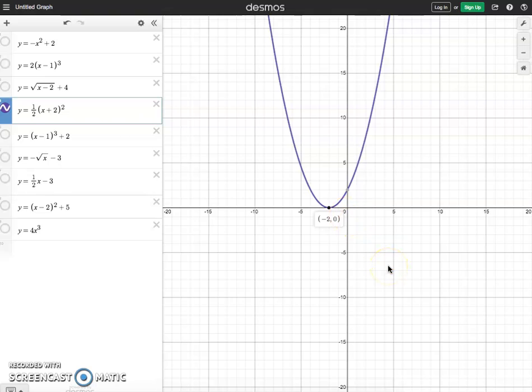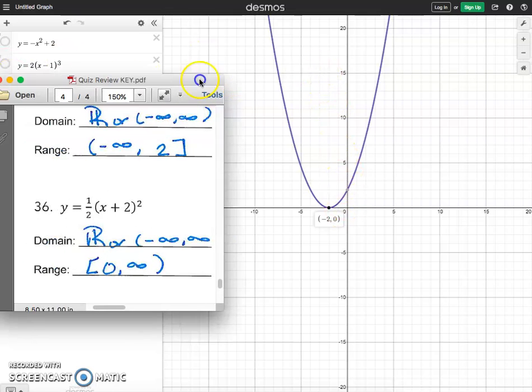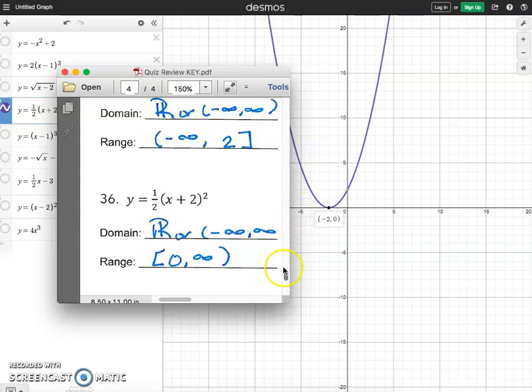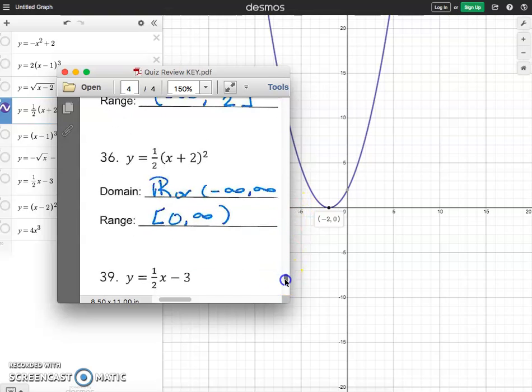Now, because I want to look at the range, we need to be using that 0. Down to up, 0 is the lowest point on this graph, so the 0 must come first with a bracket because it is included on this graph. And it's going to go up towards positive infinity. Essentially, this is what your answer is going to look like for number 36.